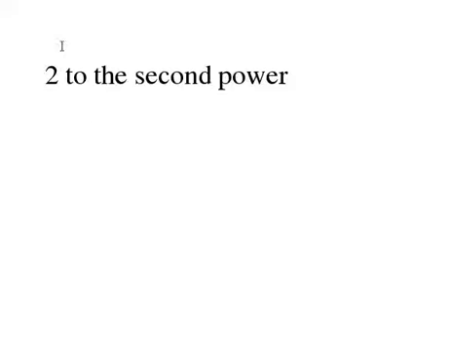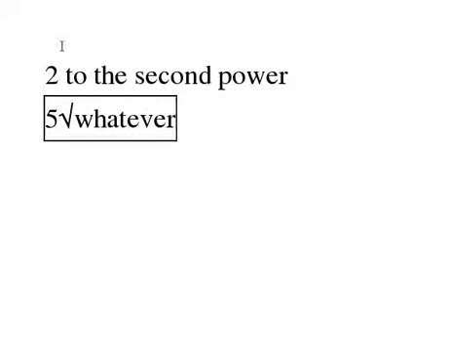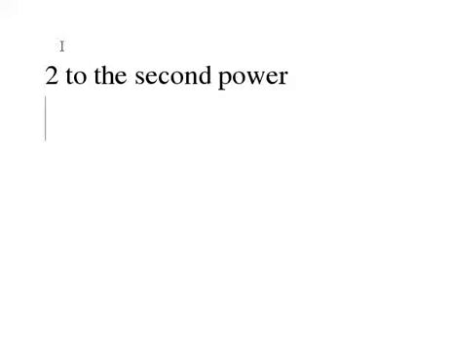People write that simply as the root symbol with a 5 and whatever number. Now this is the key to this. 2 times 2, as you know, already equals 4. Then since it's only a square root, you don't have to put anything other than this mark.